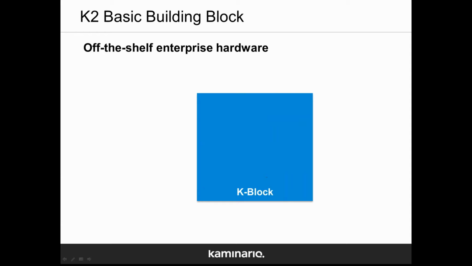So let's look at the Kaminario K2 architecture. The Kaminario system is built from a basic building block called a K-block. A K-block is a component that uses only off-the-shelf enterprise hardware. We do not believe in proprietary hardware.